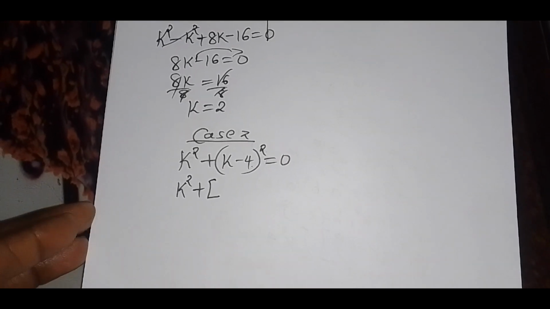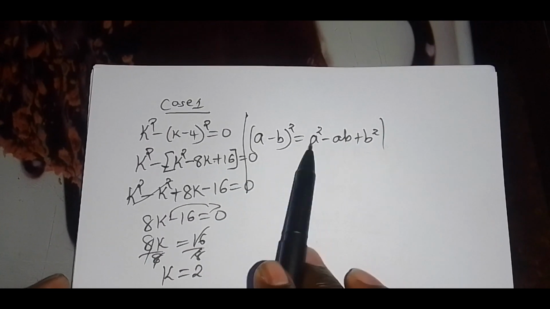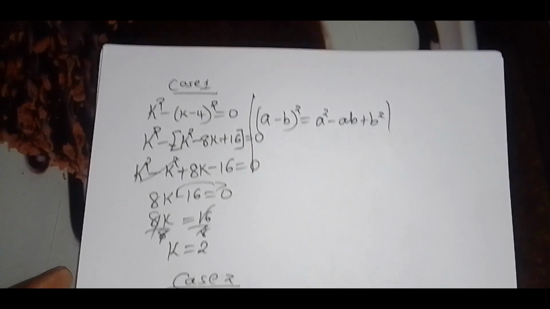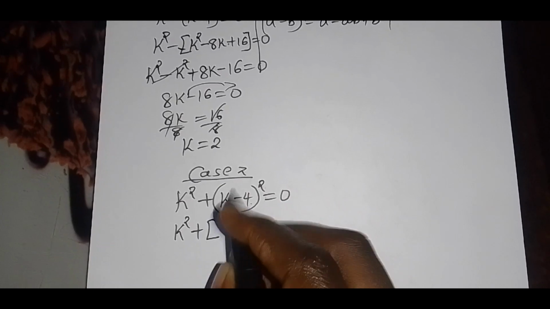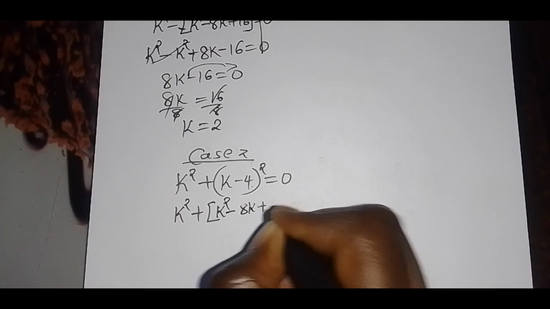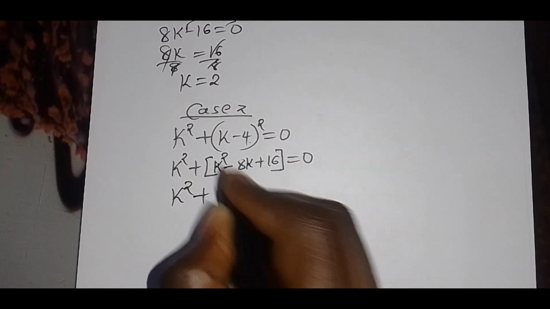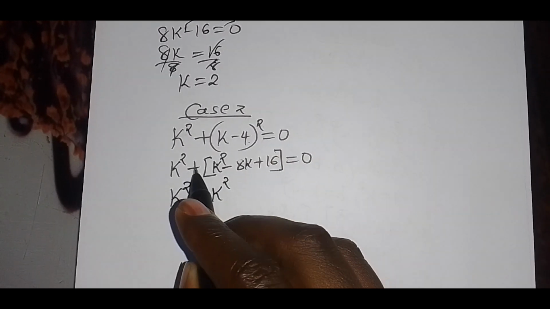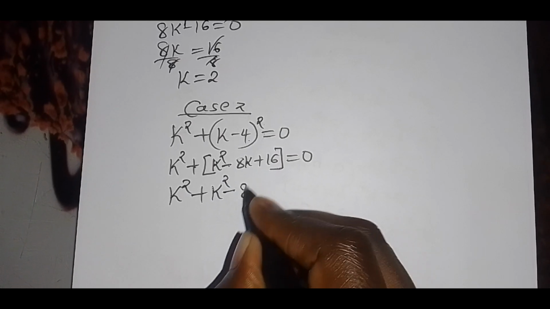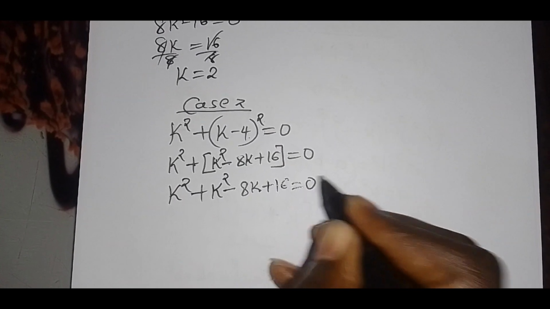Now applying the algebraic property that states that (a minus b) squared is equal to a squared minus 2ab plus b squared, we are going to have k squared plus k squared minus 8k plus 16, equal to 0.